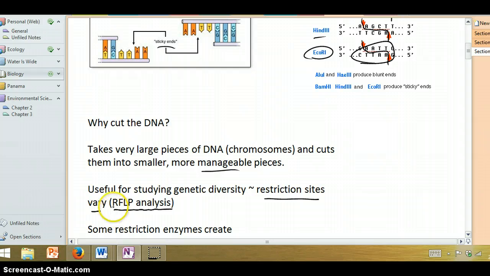This stands for restriction fragment length polymorphism. That is, because the restriction sites can vary, when you cut different individuals' pieces of DNA, the DNA pieces can be of different sizes because of the difference in the restriction sites. And thus the term restriction fragment length polymorphism.